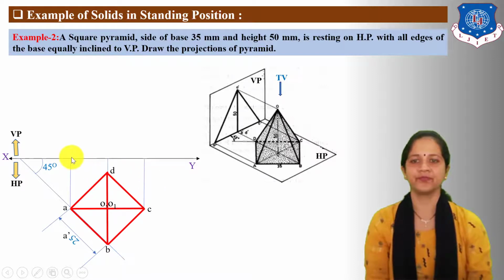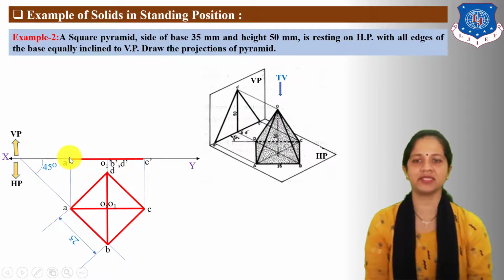Mark here base points A dash, B dash, D dash, base center point O1 dash and C dash on the XY line.